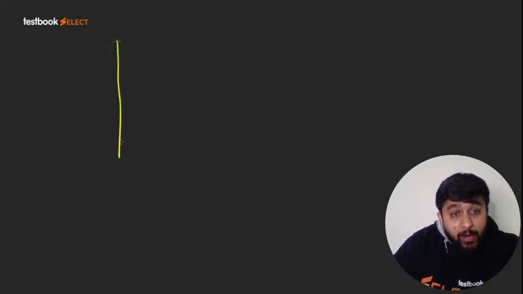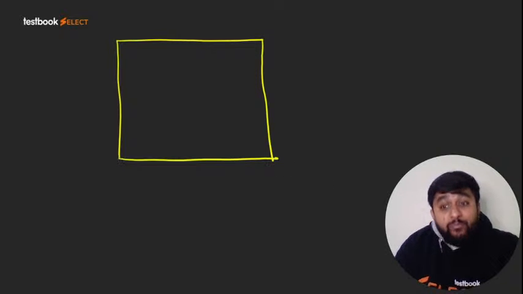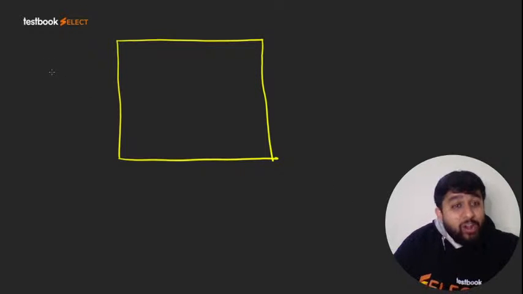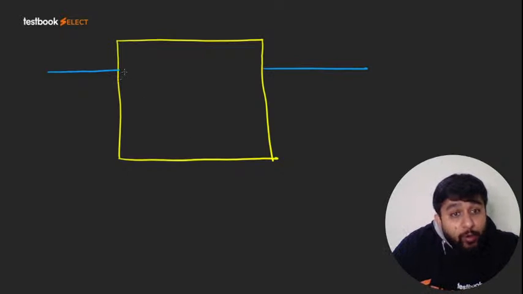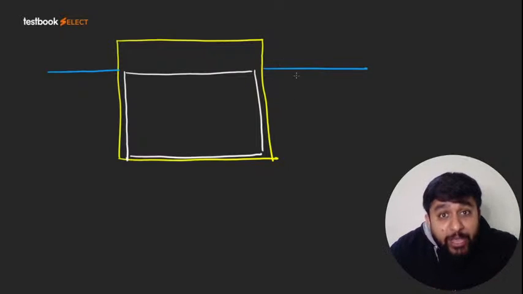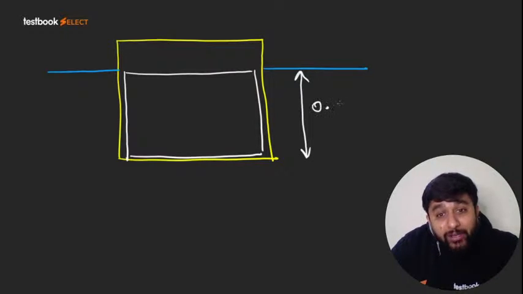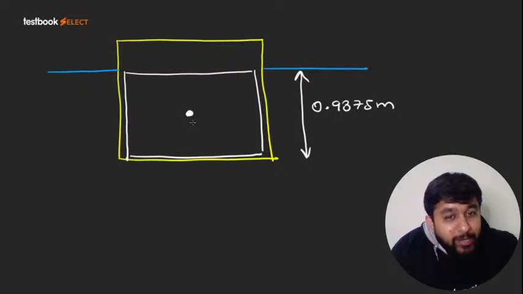Now, as per the definition, center of buoyancy is the center of gravity of displaced fluid. Now, displaced fluid is a cuboid whose height is 0.9375 meters, right? So the center of gravity of the displaced fluid will be in the middle.